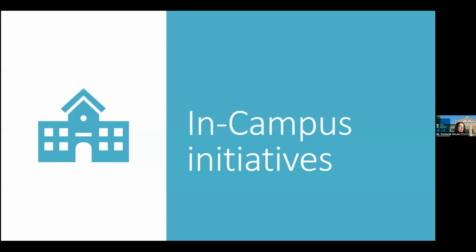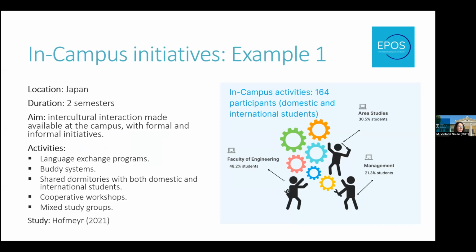So we will start with the in-campus initiatives, and I will show you two examples for this modality. The first example or case study is from Hofmeier, and in this study located in Japan, 164 domestic and international students of engineering, management and area studies were involved in different activities aiming at fostering intercultural interaction.